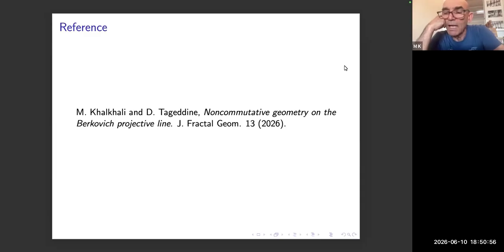I think what you're saying is that, like in the case of manifolds, we have the canonical spectral triple of a manifold, which captures a lot of information about the manifold. So if we have a good understanding of this Berkovich theory of curves in general, then we should also have spectral triples for them. But the Berkovich projective line itself, this book of Baker and Rumely is like 500 or 600 pages.